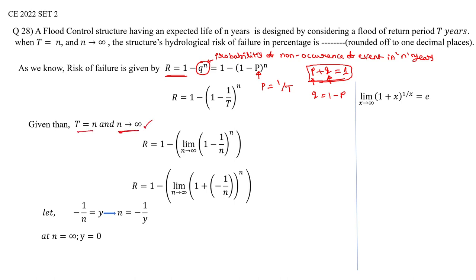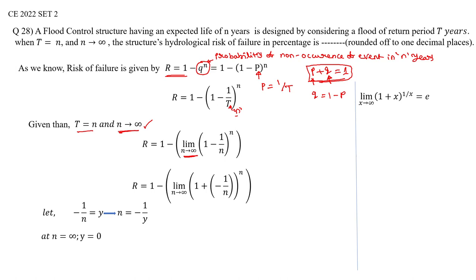We'll do a trick here: we replace T with n, so it will be limit n tends to infinity of (1 minus 1 by n) whole power n.